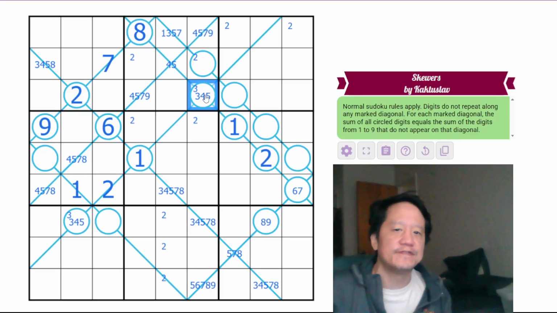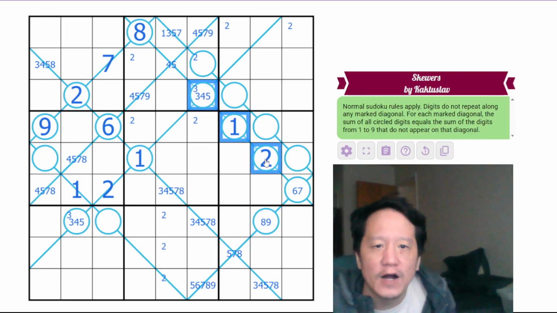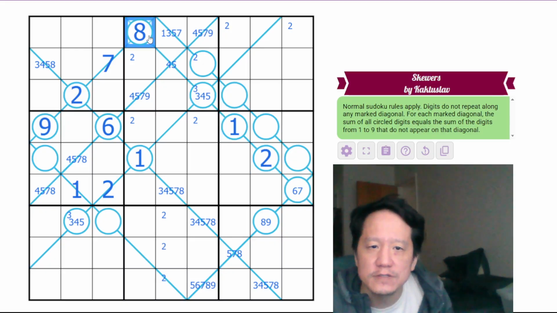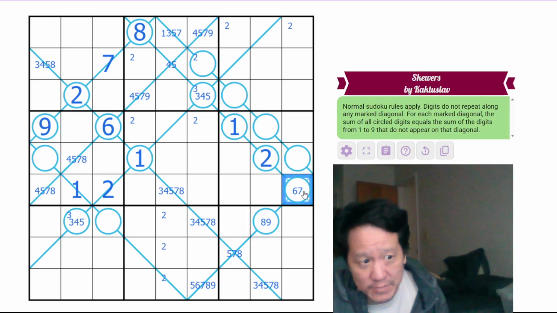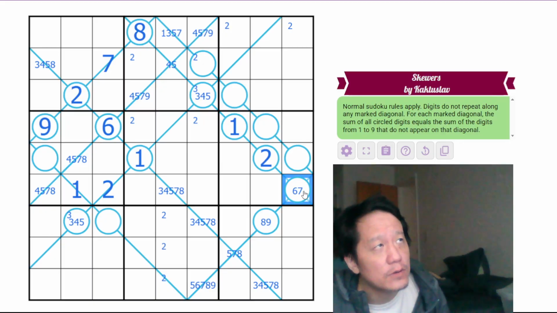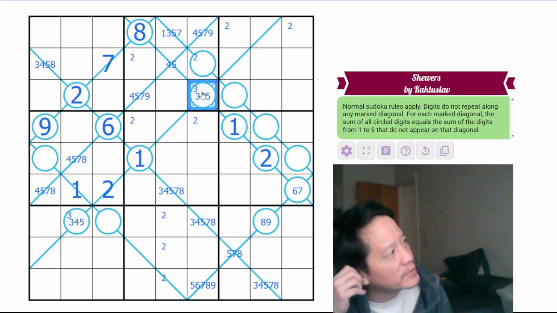Can this ever be 5? 1, 2, 5, 6, and 8. If that's the case, so if this is 4 or 5, that would mean we're missing 3 and 7 and 9 at maximum. 3, 7, 9 adds up to 19. 1, 2, 8 already adds up to 11, plus 6 at minimum and 4 at minimum is 21.